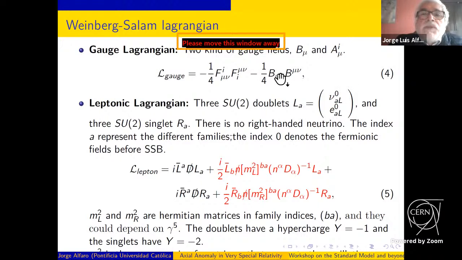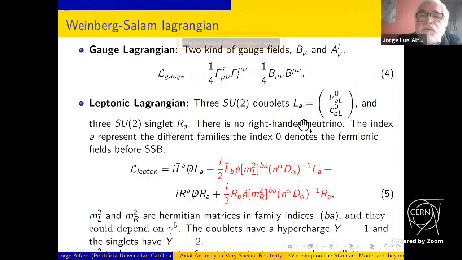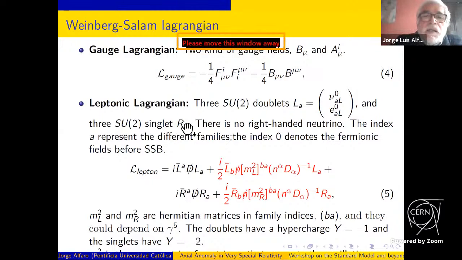We have the standard gauge field for the Weinberg-Salam model before spontaneous symmetry breaking. And we introduced the leptonic Lagrangian, which also has the same kind of leptonic fields: a left-handed doublet under SU2, and three SU2 singlets that only contain the electron.